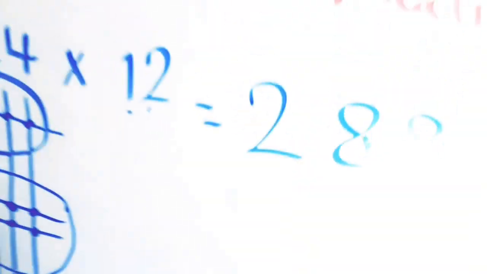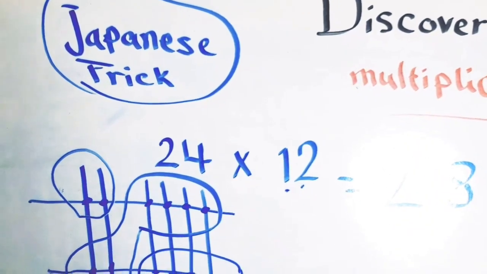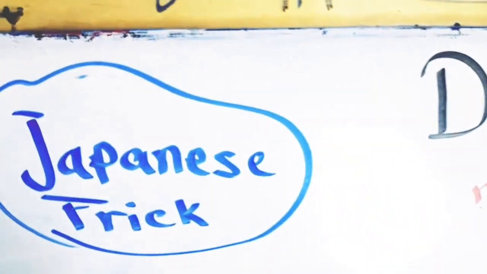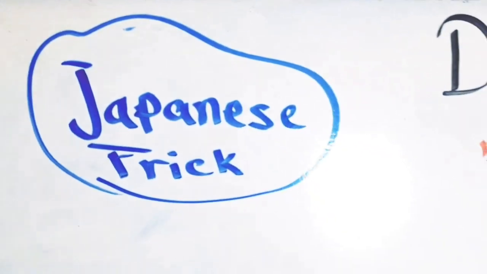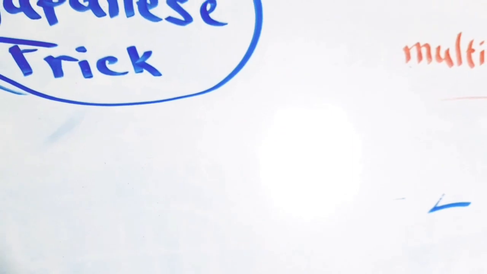Let's take another example to understand the Japanese trick, which is suitable for multiplying any numbers whatsoever.